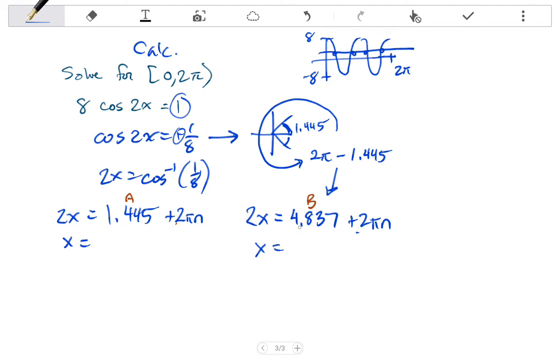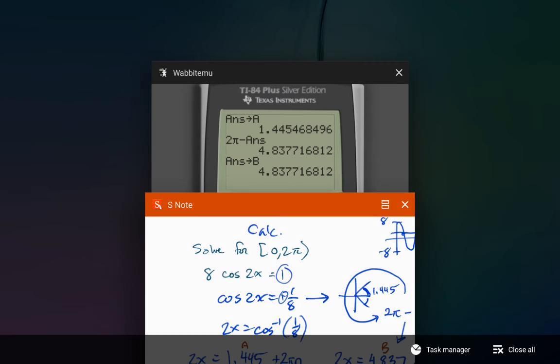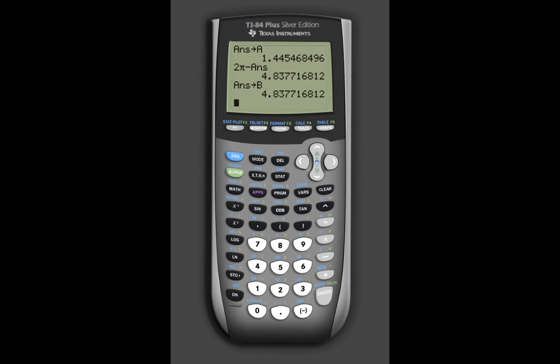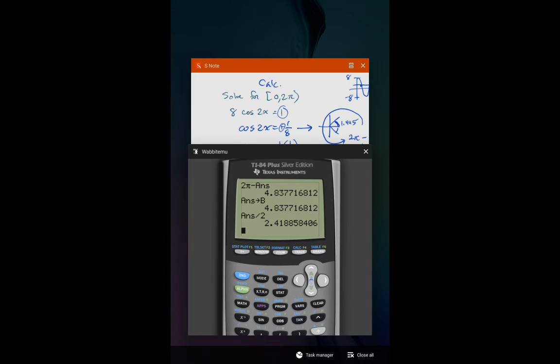I need to take 4.837 and divide it by 2. So since I already have this in my calculator currently, I'm just going to go ahead and do this one first. 4.837 divided by 2. That's going to give me a value of 2.419.